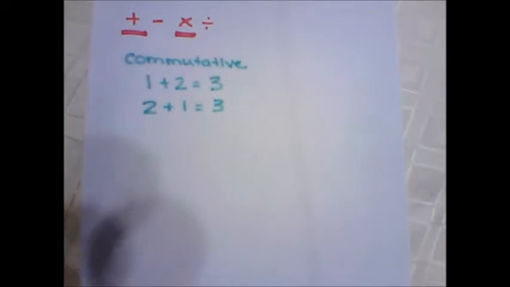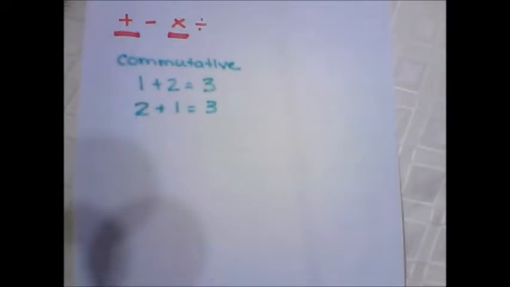Algebraically, I'm going to write the equivalent on this side here. When I'm talking algebraically, I'm saying that I'm going to use variables in place of the numbers, because 1 plus 2 equals 3 and 2 plus 1 equals 3 works for an infinite amount of numbers. So we're going to use variables, which are letters or symbols that mean different values of numbers.